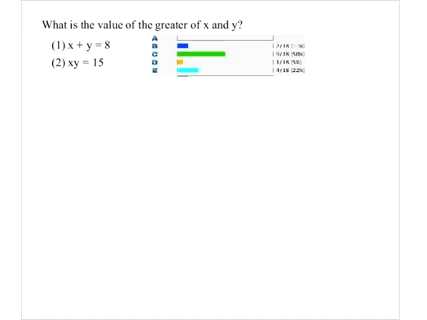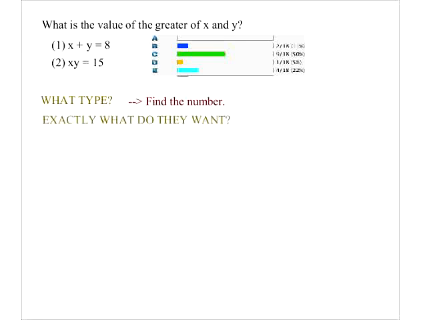What type of question is this? This is a number question. This is a find the number. Okay, exactly, yeah, find the value. Exactly what do they want? What do they want? So you guys can give me an exact, and don't just say the value.